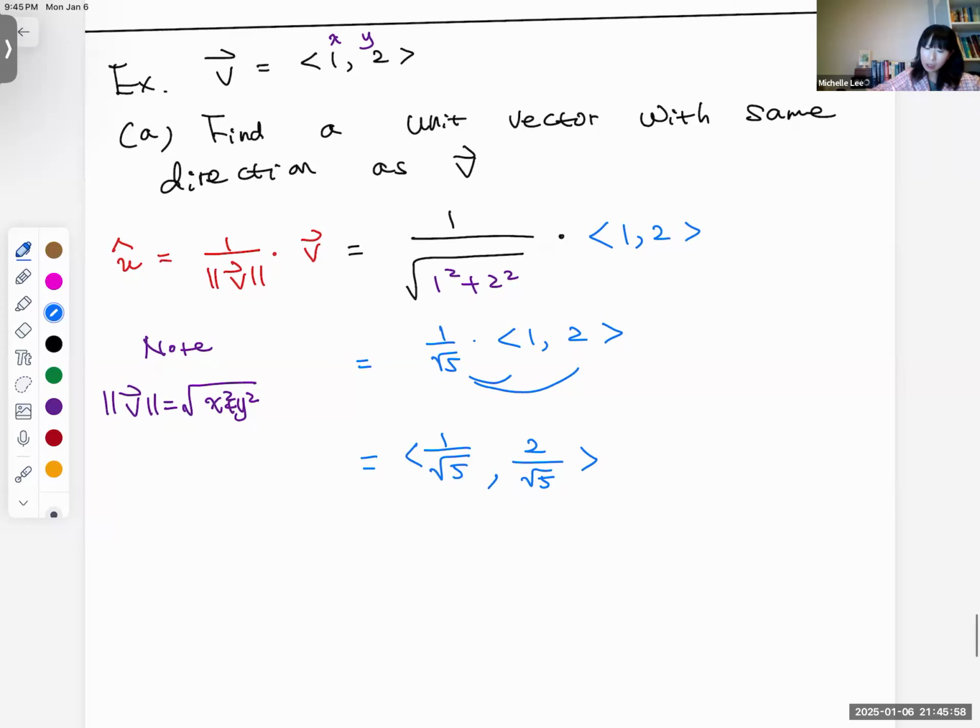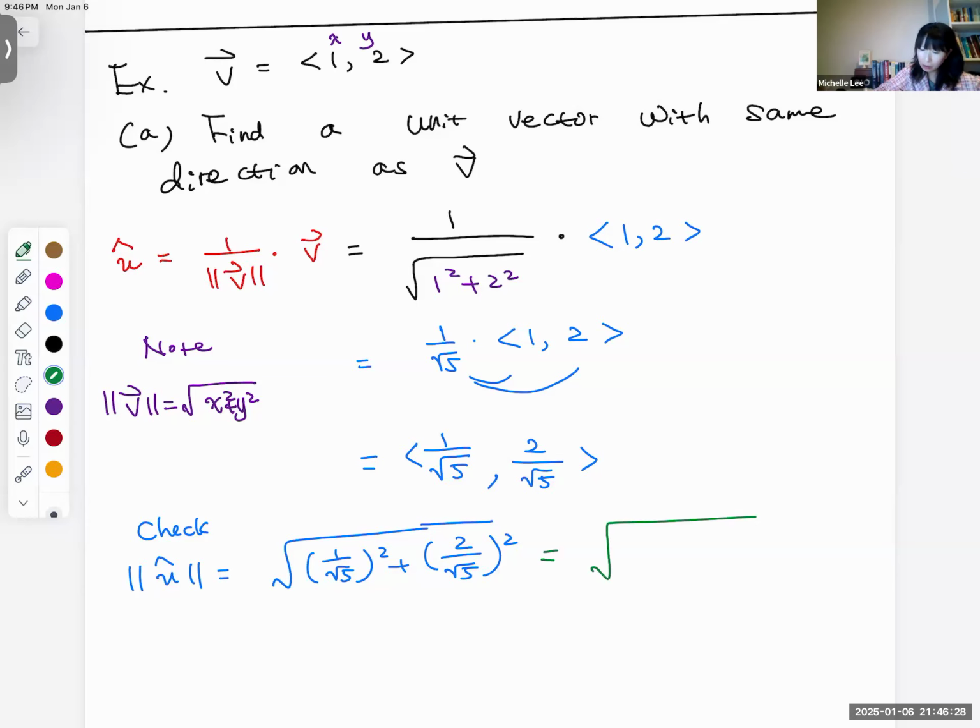Okay. Now, can you check whether the magnitude is 1 or not? Yeah, just check. How do you check? The magnitude of u hat is the square root of (1 over square root of 5) squared plus (2 over square root of 5) squared, right?